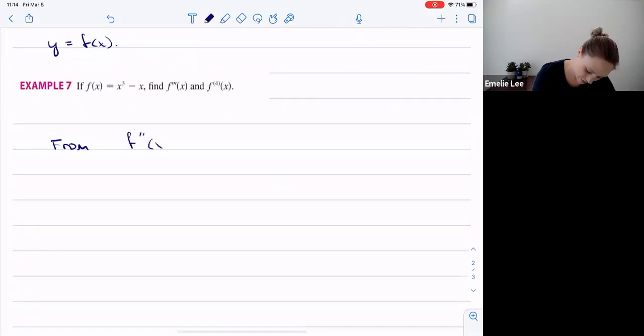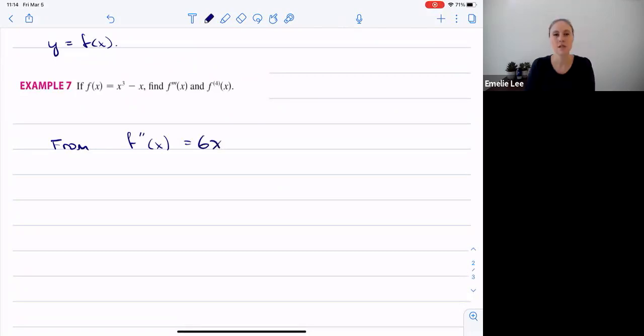the second derivative of f, which was 6x, right, we see that this is a linear function. And so thinking back to our pre-calc days, a linear function has a constant rate of change, the slope, right? Which makes sense if you've got a straight line.